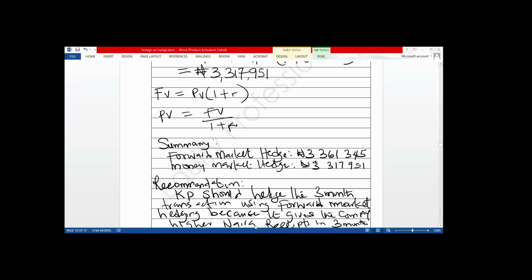They will determine how much you can borrow now against your receipt that is coming in 3 months' time. Once everything is confirmed, the bank will give you the money.